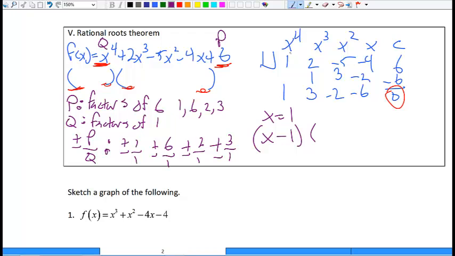And I'm left with the 1, 3, negative 2, and negative 6, which would be x cubed, because it's one degree less than the original, so not x to the fourth, but x cubed plus 3x squared minus 2x minus 6. Okay, so that's all rational roots does: it gives me some options for a common factor, allows me to test it, and then if it is factorable, it gives me a smaller thing.